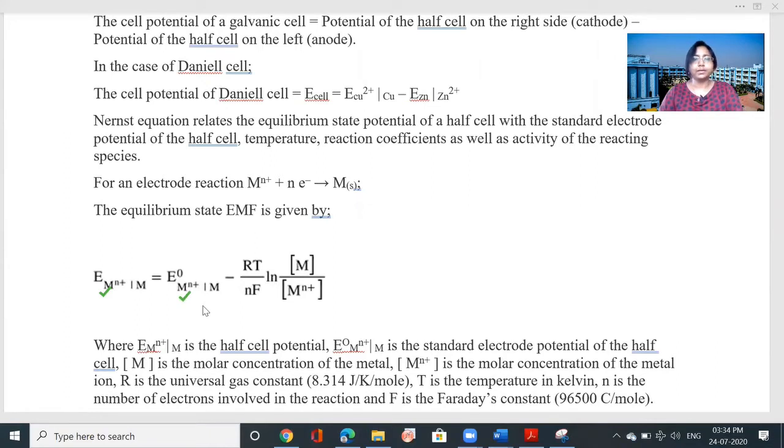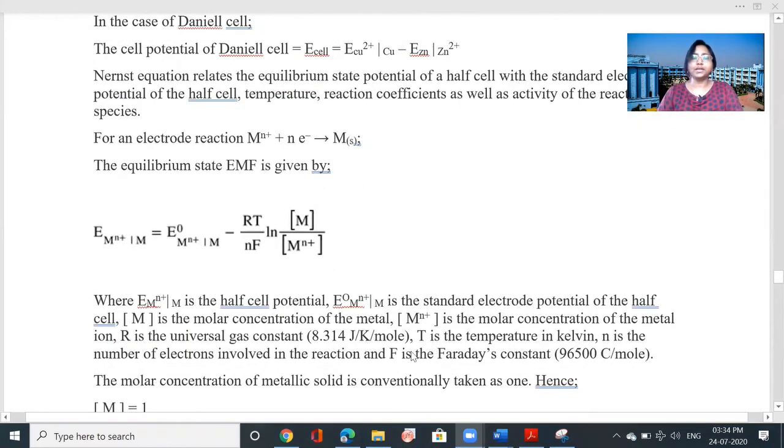E0 of M^n+ vertical line M, minus RT by nF ln of the concentration of M divided by the concentration of M^n+, where E of M^n+ vertical line M is the half cell potential and E0 of M^n+ vertical line M is the standard electrode potential of the half cell.